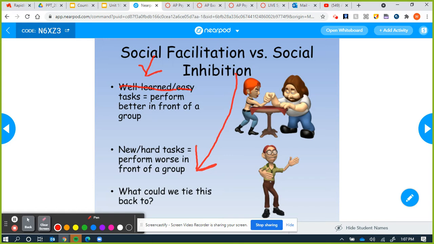If I have everybody watching me while I'm trying to do it, I'm going to suck at it even more. So things that are new to us or things that are hard, we perform worse when there is a group around us. New teachers would probably get very frazzled teaching in front of a group of 70 people.